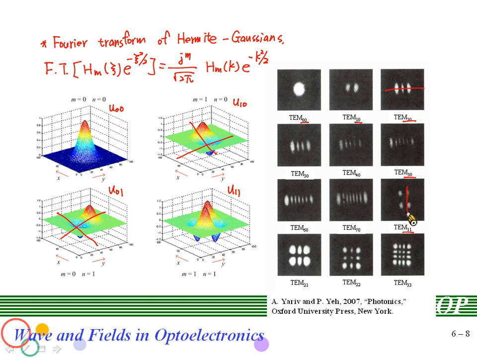So along x and along y, both directions will have 2 peaks. And for U33, you will have 4 peaks along x and 4 peaks along y. Okay, so you should know how to plot the field distribution of the UMN Hermite-Gaussians.